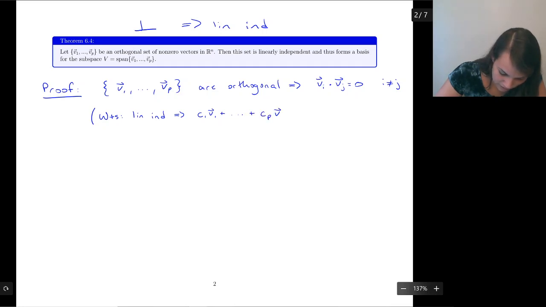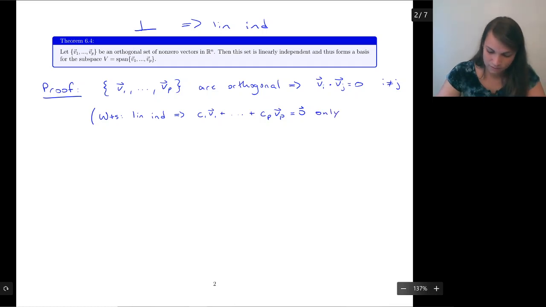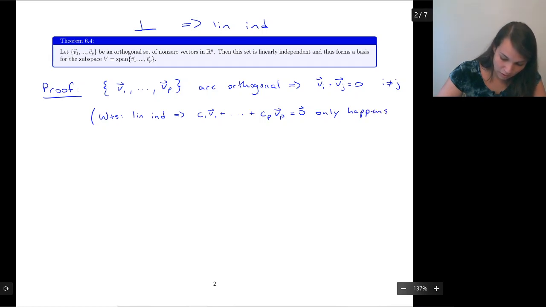If their linear combination is 0, they're linearly independent if this only happens for the constants being 0 themselves.